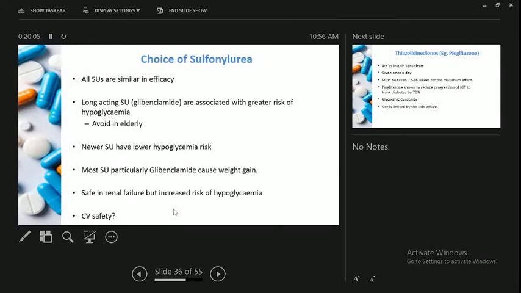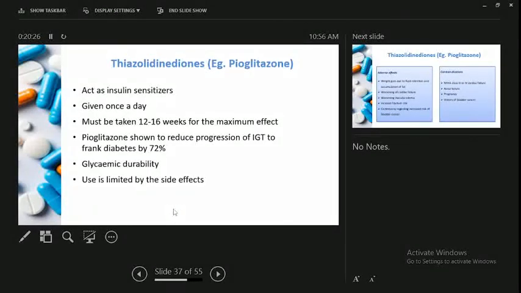And on renal safety, you don't have to worry about the renal functions when you are giving sulfonylureas. But again, there is risk of hypoglycemia in the presence of renal impairment, so you might have to adjust the doses. And there were questions about cardiovascular safety, particularly with drugs like glibenclamide, but they are relatively considered as safe.